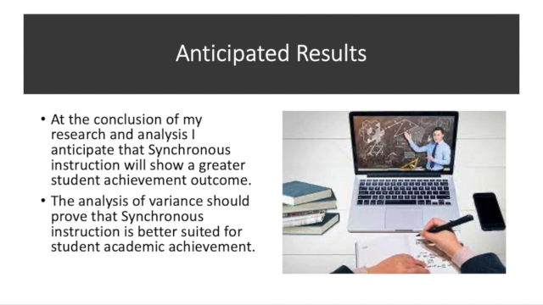It says the analysis of variance should prove that synchronous instruction is better suited for student academic achievement. So I'm leaning towards synchronous instruction. We're anticipating that the results and the analysis are going to show that because they attend synchronous instruction, the students will have a greater student achievement based on that.